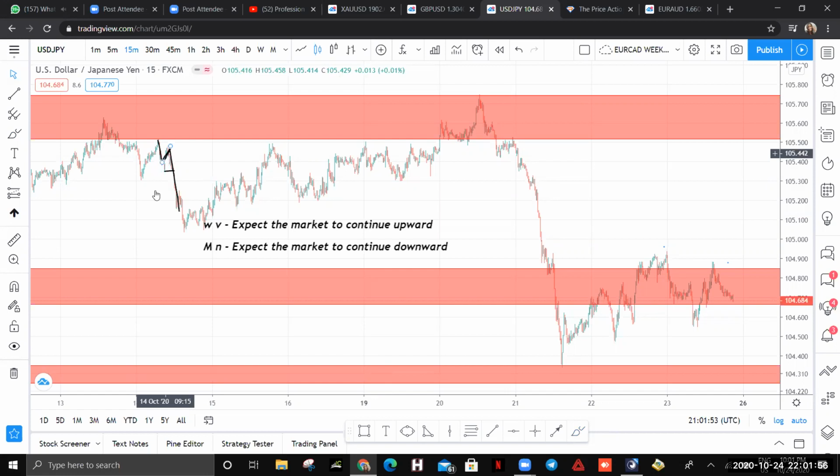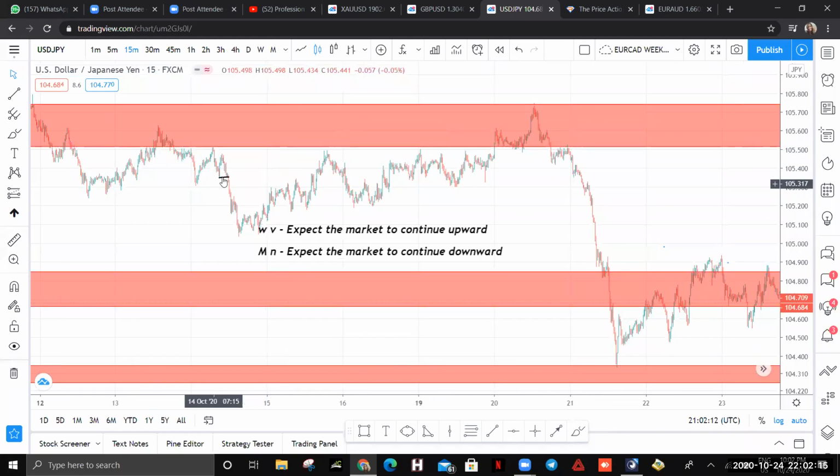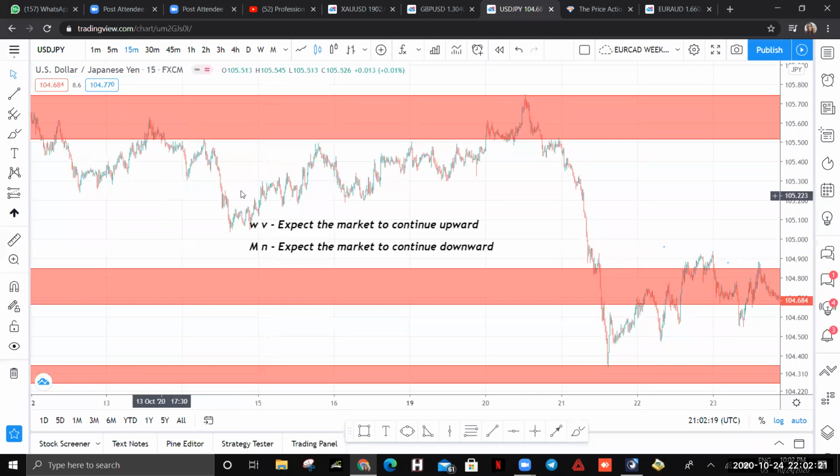Now, another thing you should understand when you're spotting patterns. After drawing your support and resistance zone, make sure your pattern falls within your analysis. Now, let me explain what I mean. If you see something like this, this V here that is invalid, I will show you why I won't enter this. Now, I spotted a V here.